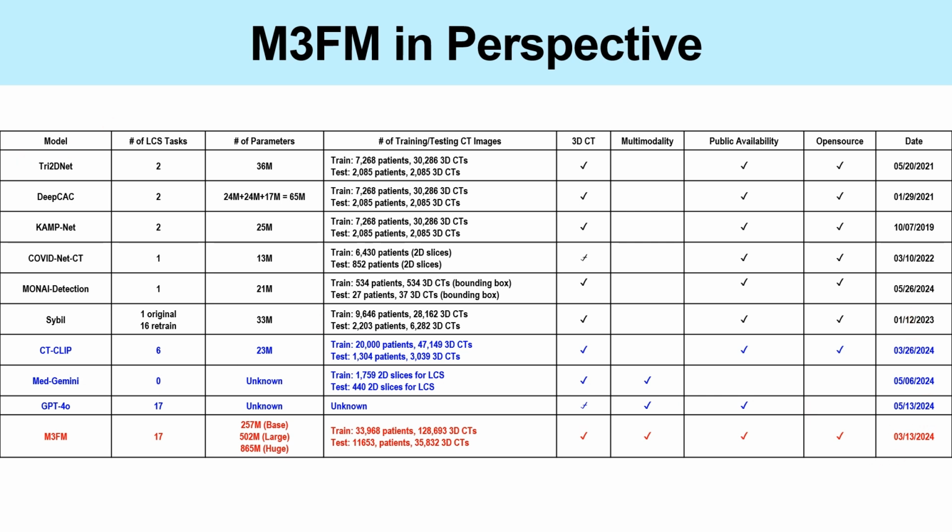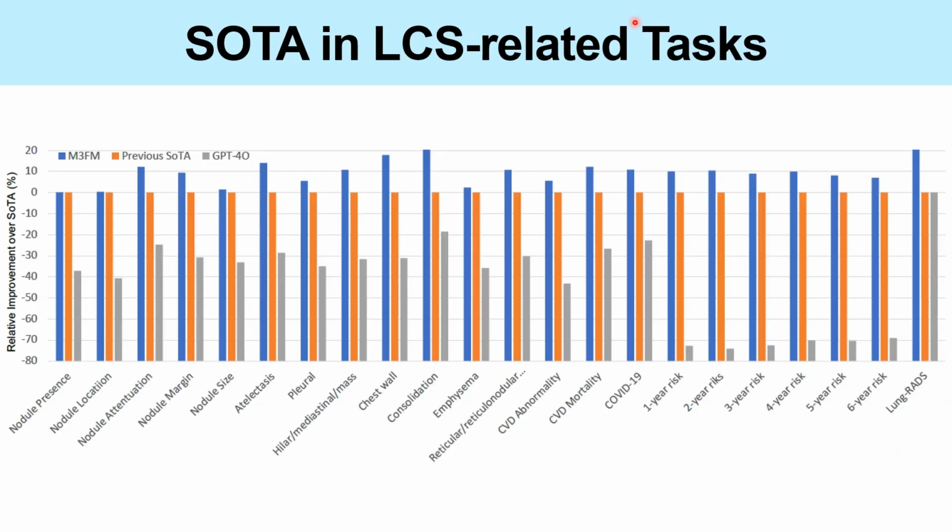We are happy to say our foundation model, M3FM, achieves state-of-the-art results in lung cancer screening-related tasks. This just visualizes all the results, and ChatGPT-4o, the best generalist model, performs suboptimally in this particular domain. That's why we believe to achieve so-called generalist medical AI, you should first do well with specialty-oriented foundation models.